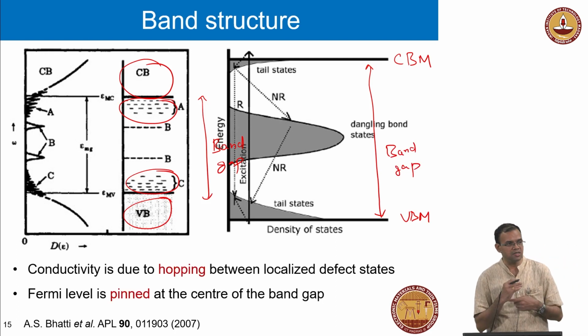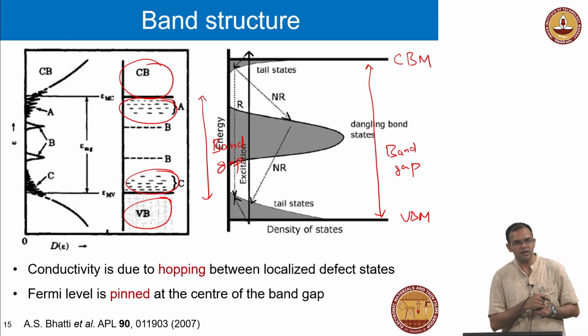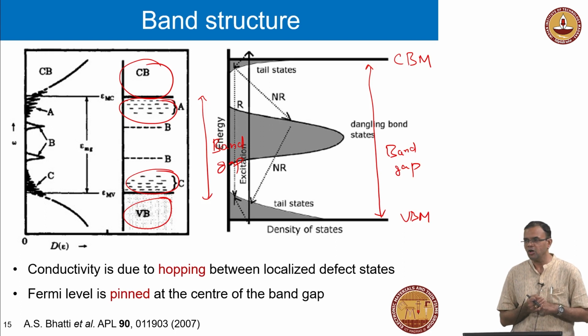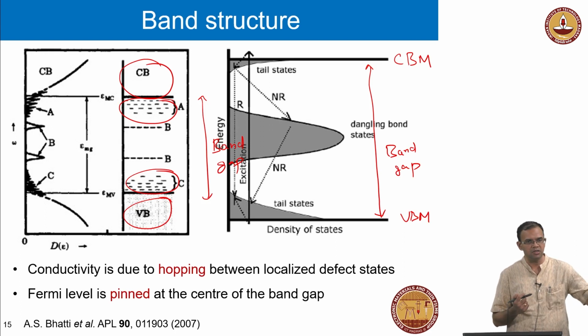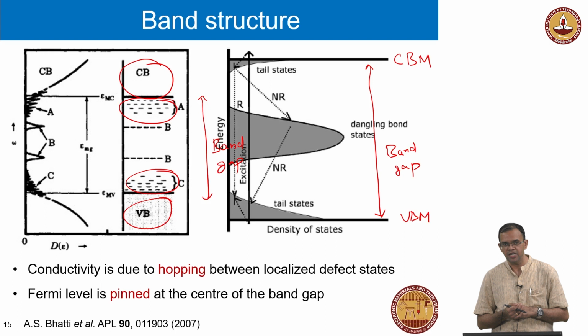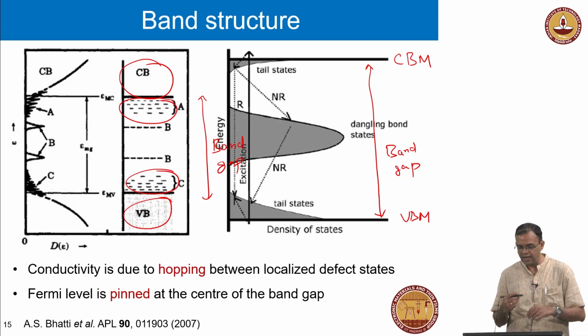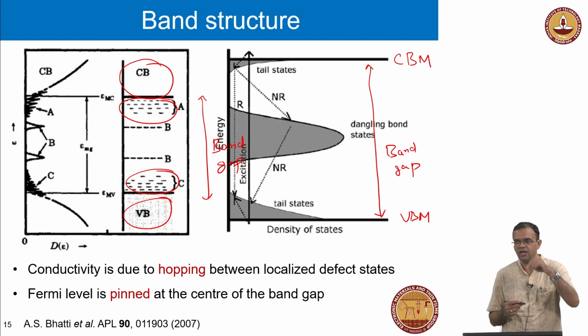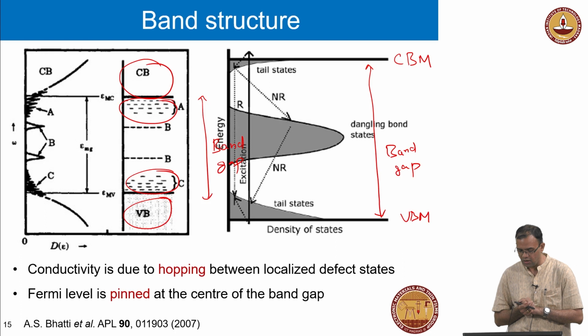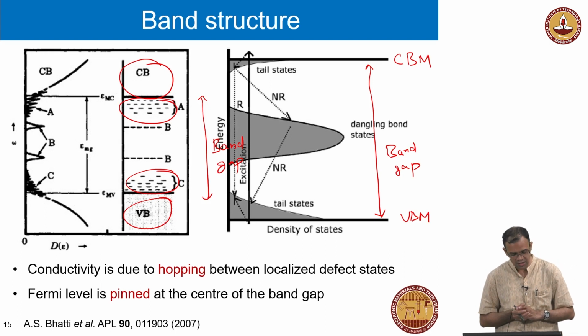And this changes the nature of electrical conductivity. Normally when we talk about conductivity, we say electrons are moving in the conduction band or holes are moving in the valence band. But because of these defect states, we have what is known as hopping conduction, where electrons jump from one localized defect state to the other. So we have what is called hopping conduction in these defect states.